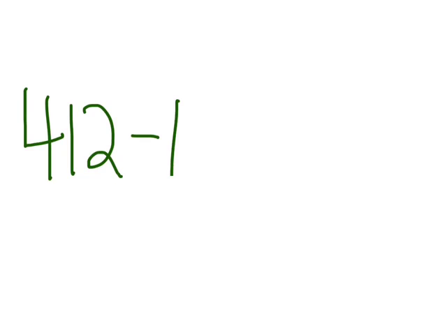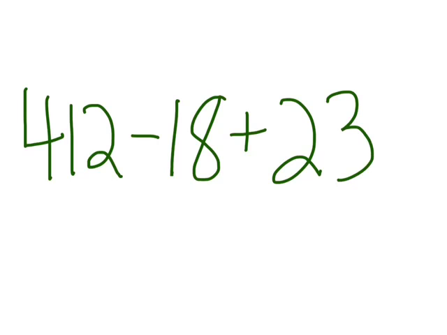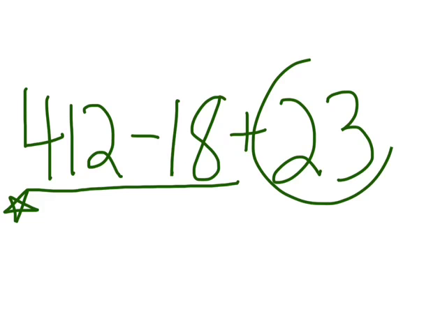Let's say I have a set of numbers that we have 3 numbers. We have 412 minus 18 plus 23. Okay, you would start at the first, do this and then add 23. Okay, so I'm thinking about 412 minus 18. 412 minus 12 would be right at 400, and I would have to go 6 more down.